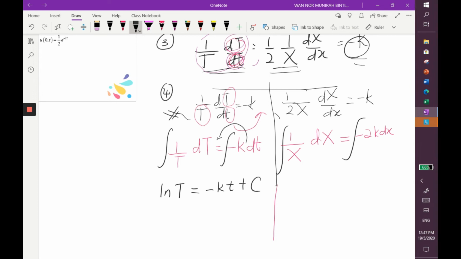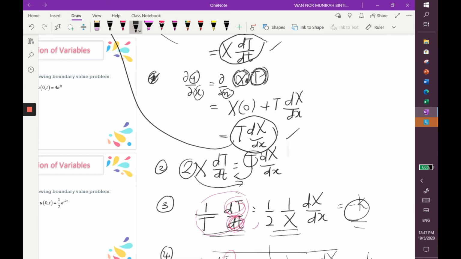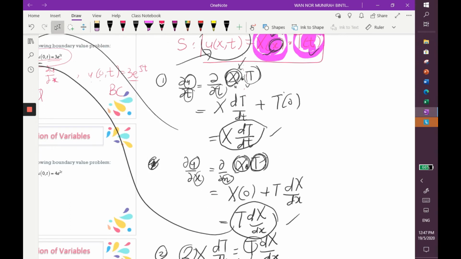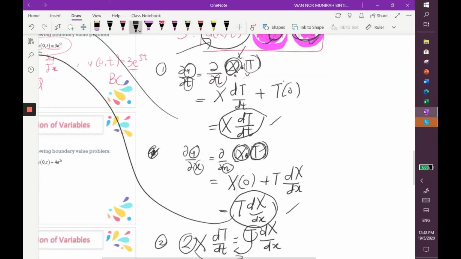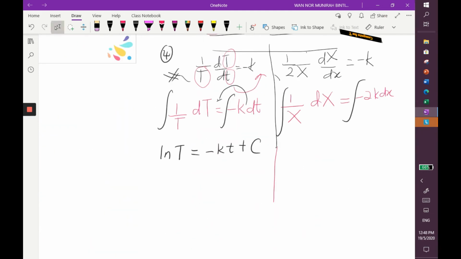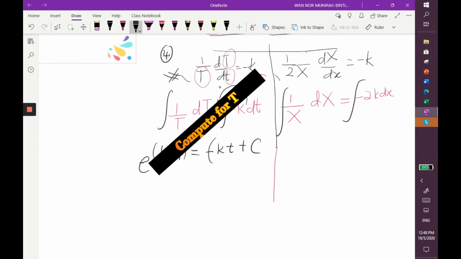Note that you have natural log t as your solution, but the target here is that we just want to find t, not ln t. We want to find t, but you have the solution of ln t. So what we need to do is take the exponent of both sides of the equation.